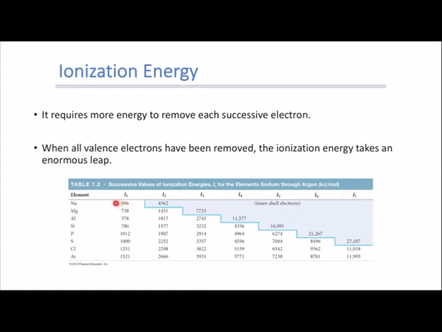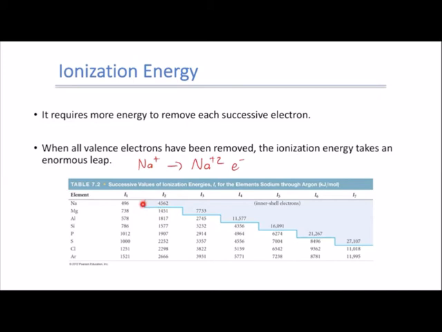So if I look at sodium, sodium's first ionization is 496 kilojoules per mole. The second ionization, so that would be going from a sodium plus to a sodium plus 2, goes from 400 to 4,000, 10 times as much energy to remove that second electron.